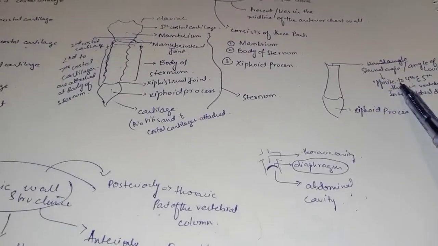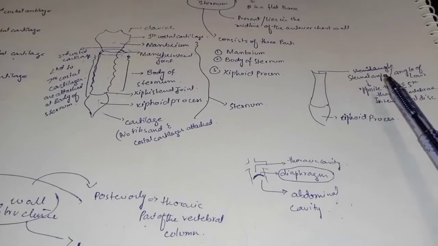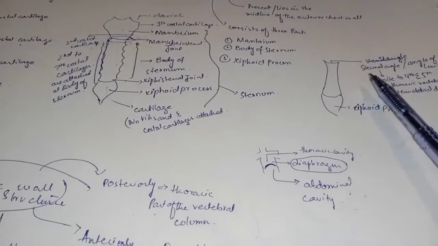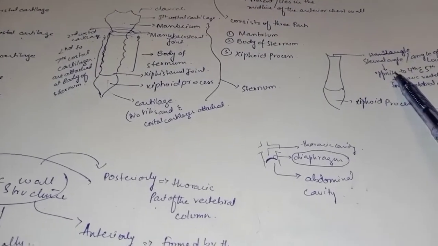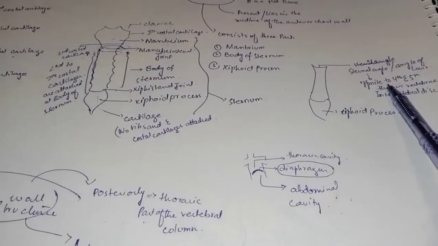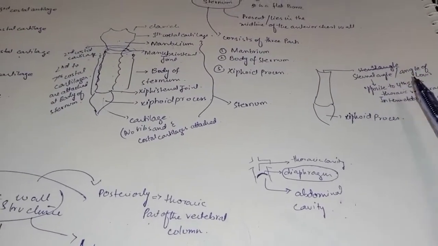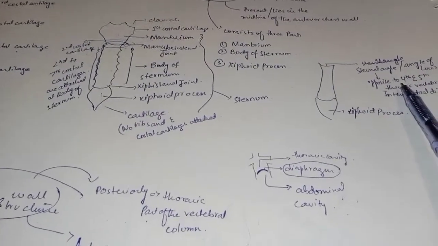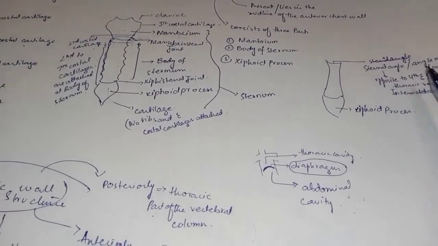In the thoracic wall structure, this angle is present at the level of the second costal cartilages, opposite to the intervertebral disc between the fourth and fifth thoracic vertebrae.